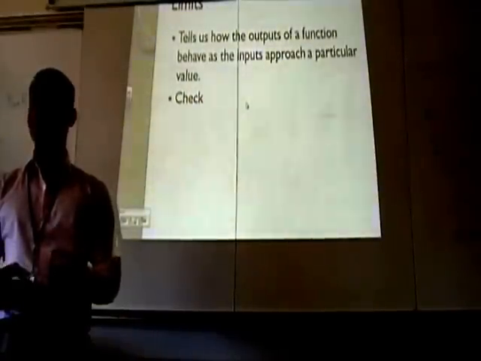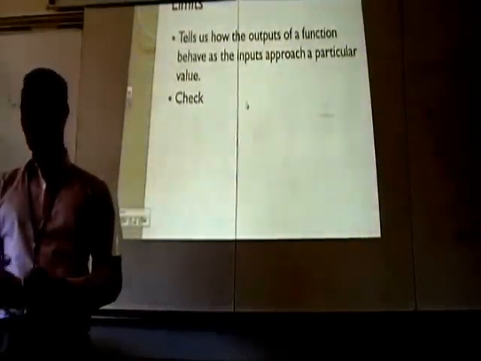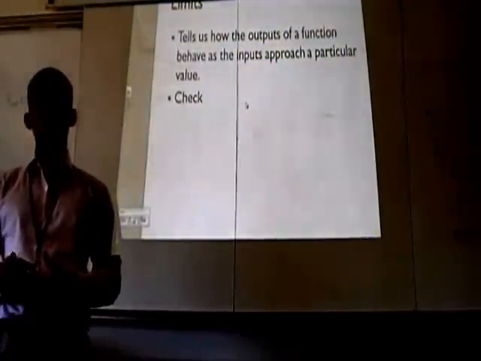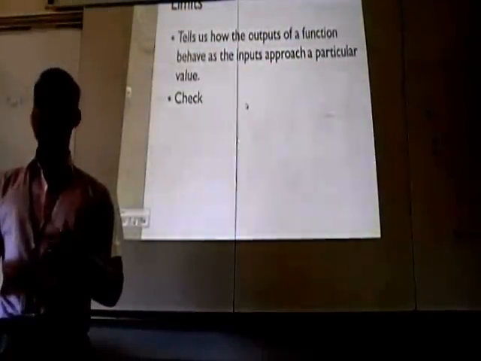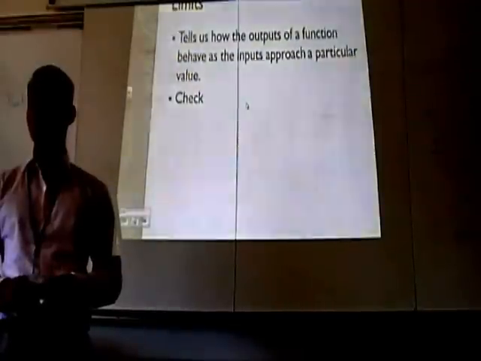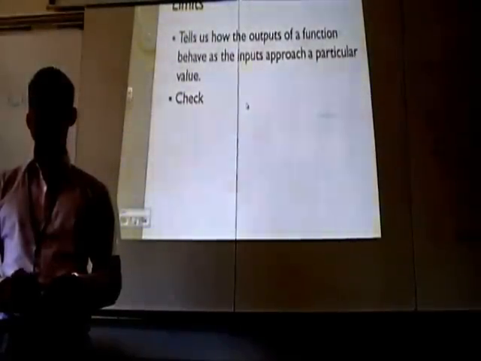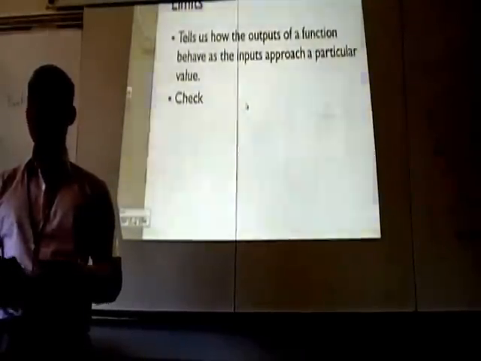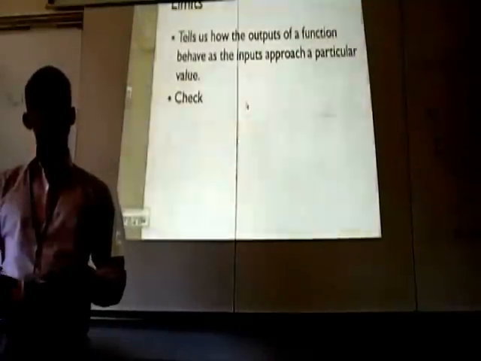Okay, x is input, so output is y. So this tells us how y looks as x comes closer to a number. It's telling us what the output looks like as the input is getting closer and closer and closer to a number.